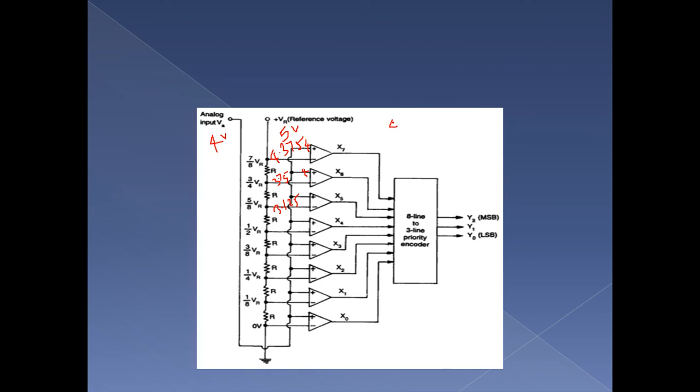In the second comparator, the reference is 3.75 and the analog input VA is 4.